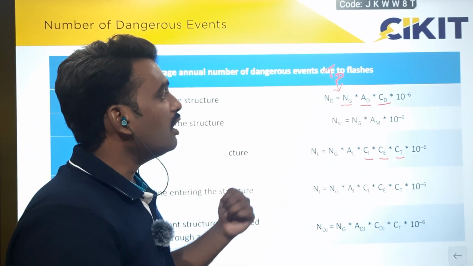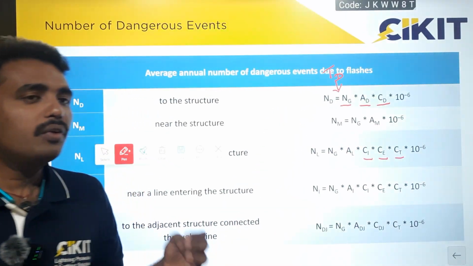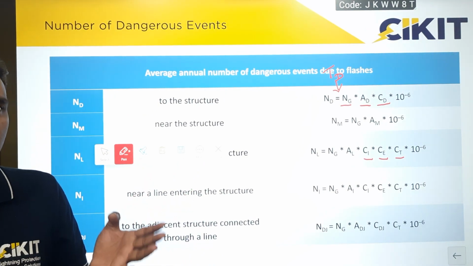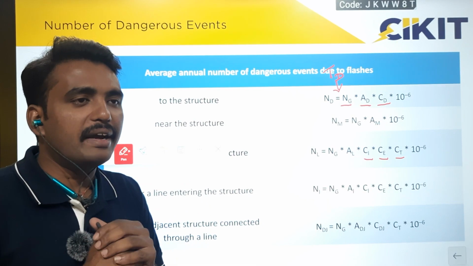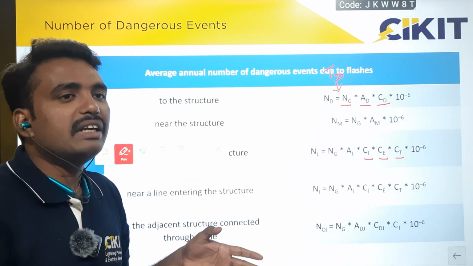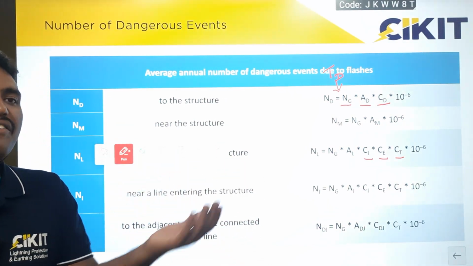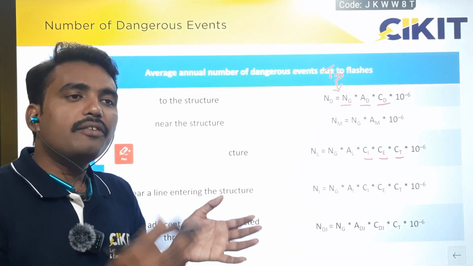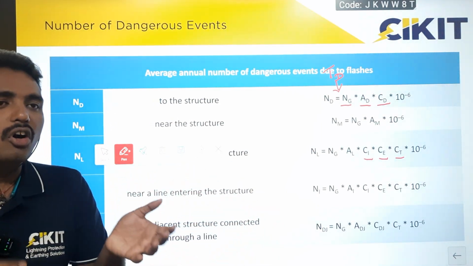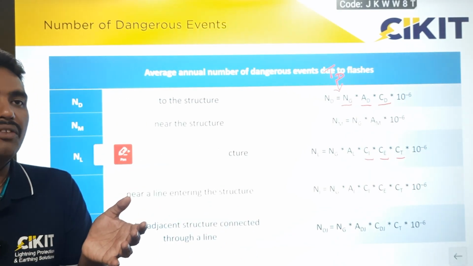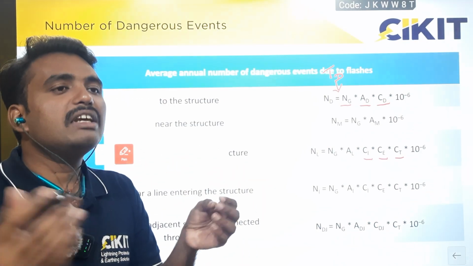And CD is the location factor. As I mentioned earlier, if you take a building of 20-meter height in Chennai city, that will be the average height of all the buildings there. But if you take the same building in the center of Mumbai, then it is nothing, because all the buildings will be of 20 floors and 30 floors. This building will be nothing among them.